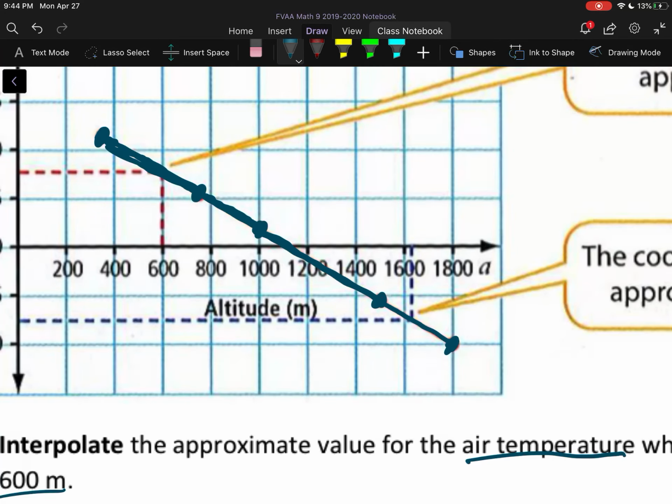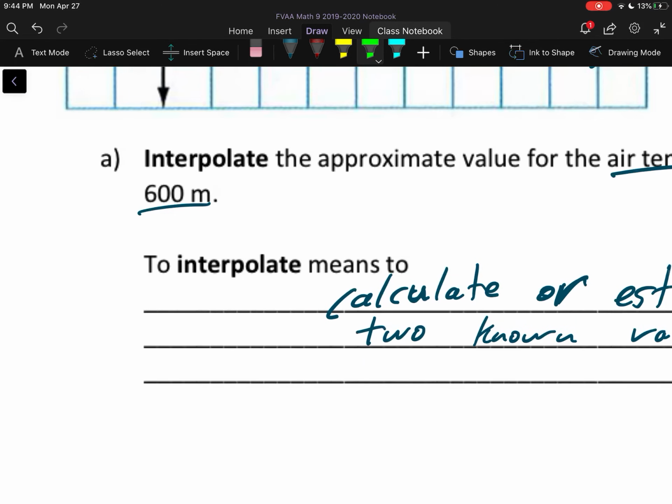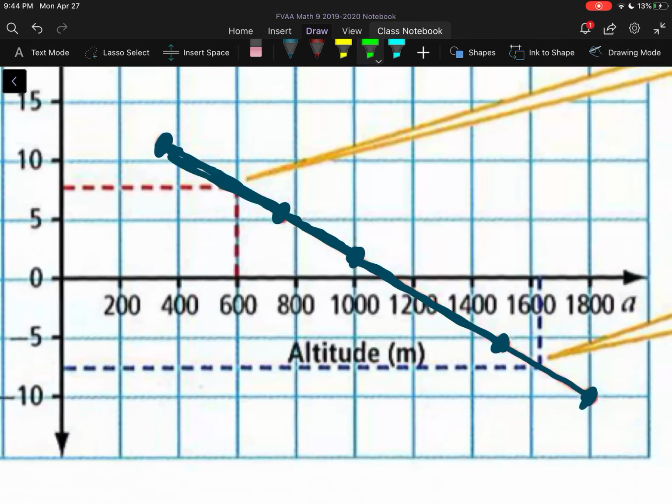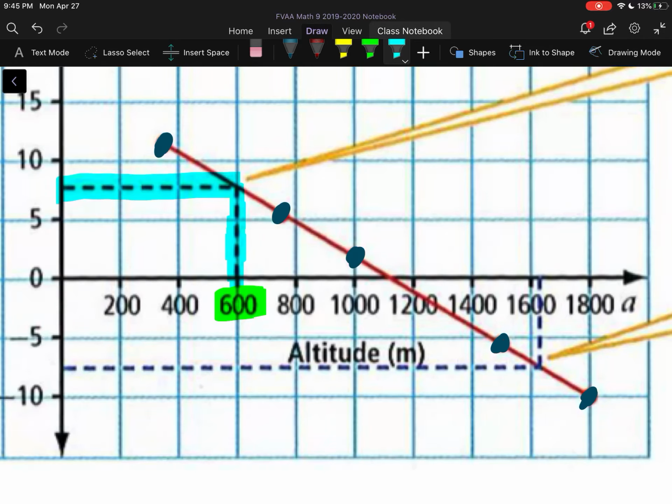So here we're going to look at the temperature for 600 meters. First thing I have to do is find 600 meters. There it is. Someone's already traced a nice red line here for me. Well, I'll trace it again in blue highlighter. So you can see at 600, I'm about halfway between 5 and 10. How you're seeing this is that you're going up from the altitude until you hit the line that was traced between your known points.